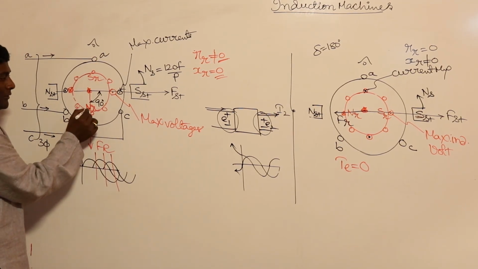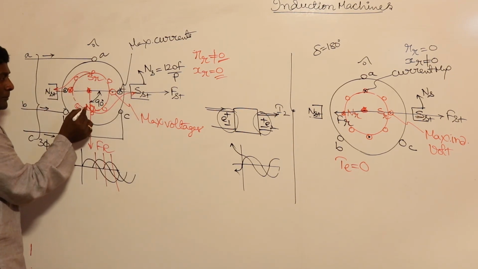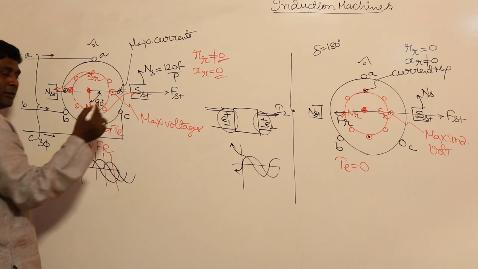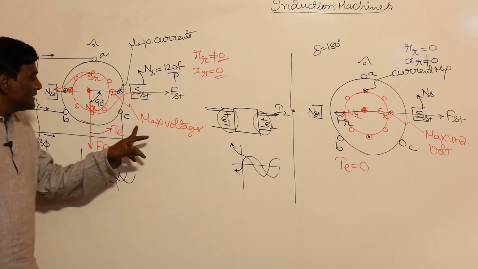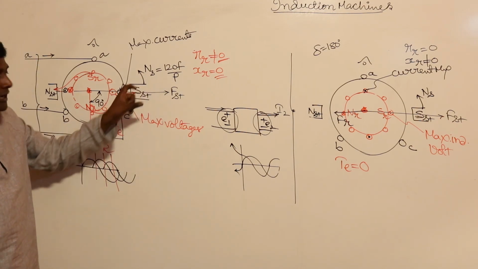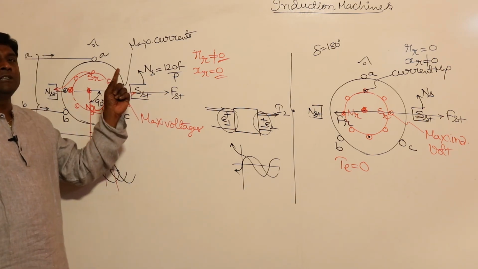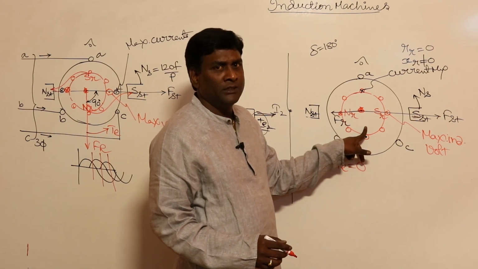North will be attracted to south, south will be attracted to north. Because of this attraction, the electromagnetic torque developed will be in this direction, because of N pole, S pole interaction. So torque is developed in the same direction as the RMF. RMF was rotating in this direction, and my electromagnetic torque developed is also in the same direction. Now, if I see here, there is no torque developed.